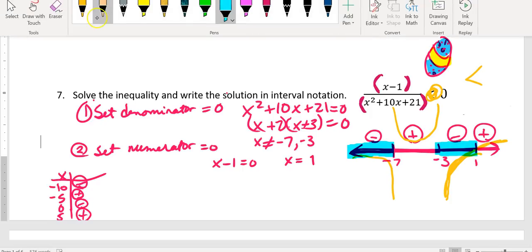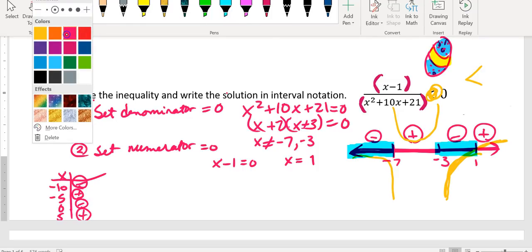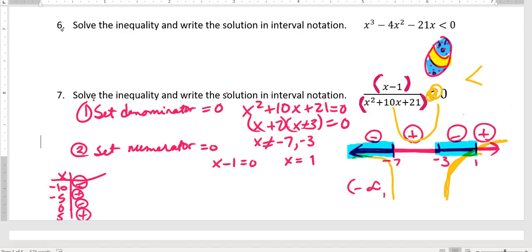The temptation, if I wasn't paying attention, would be to say my answer is from negative infinity to negative 7 in union with negative 3 to 1. But remember, we said that x cannot equal negative 7 or negative 3. So you have to be careful and make sure that you're excluding those values from the solution.